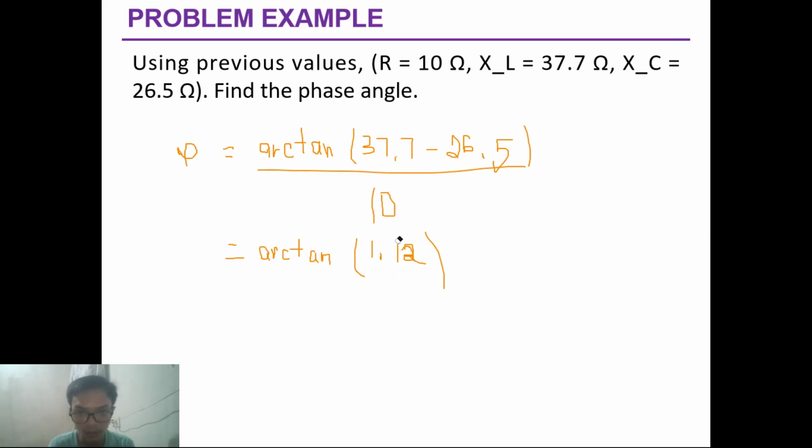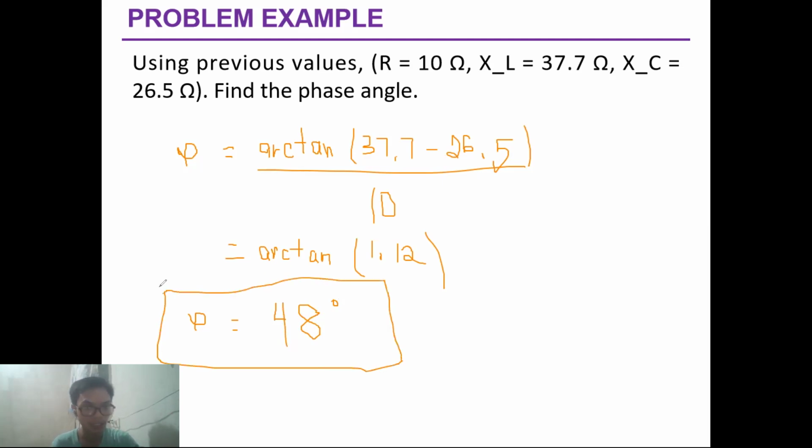Since this is an angle, it is in degrees, no other units. So we will get 48 degrees. Therefore, the phase angle based on these given values is equal to 48 degrees.